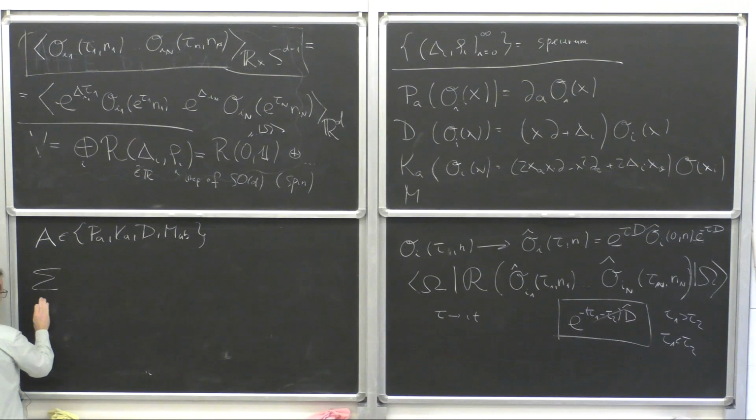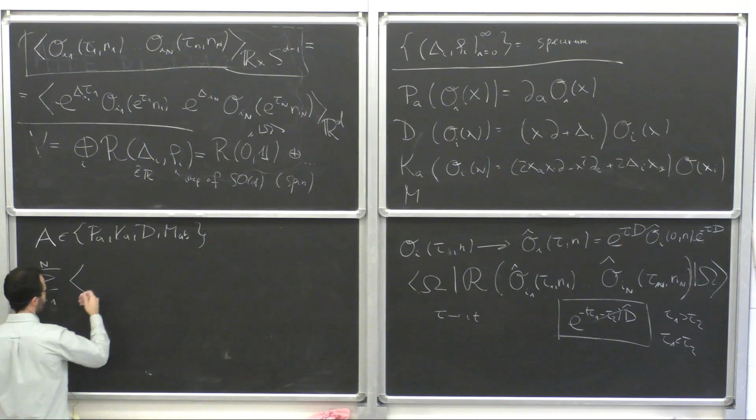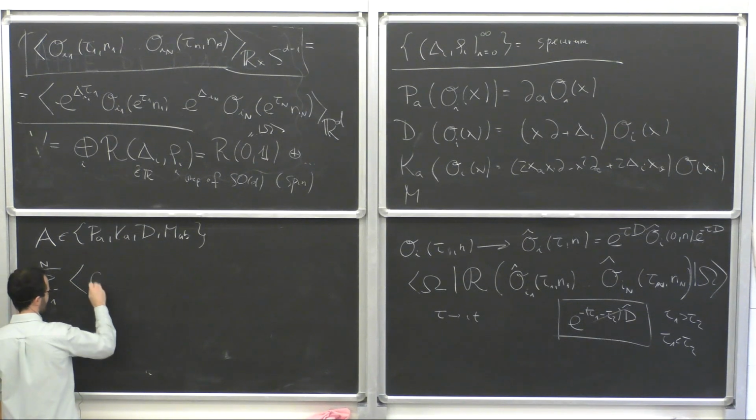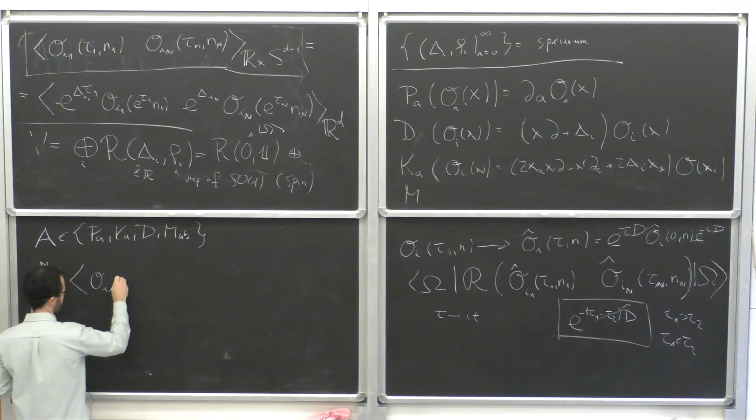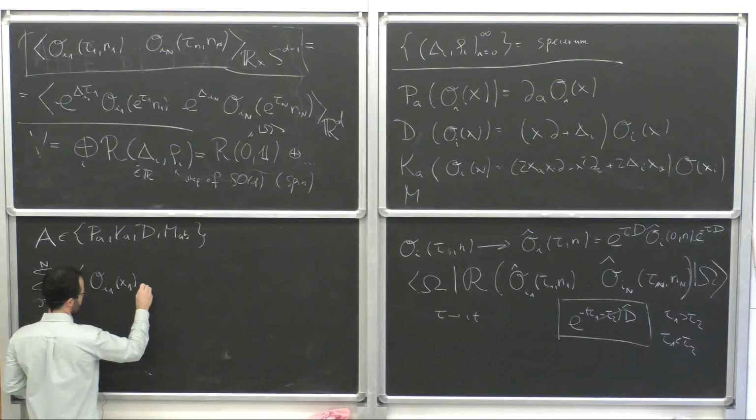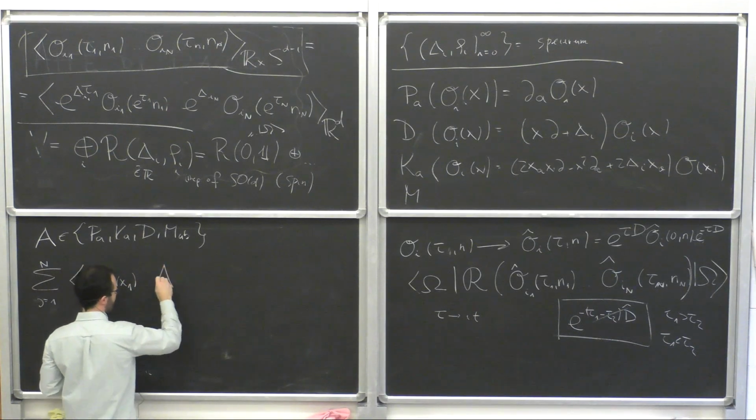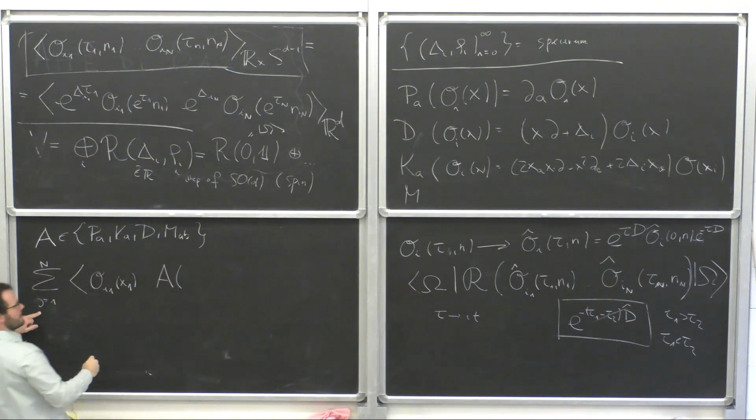So let's do it like j from 1 to n, which means that if we act with each of these generators on each of the operators, we have to get 0. So we have the first operator in the first location, then our generator acts on the jth operator.